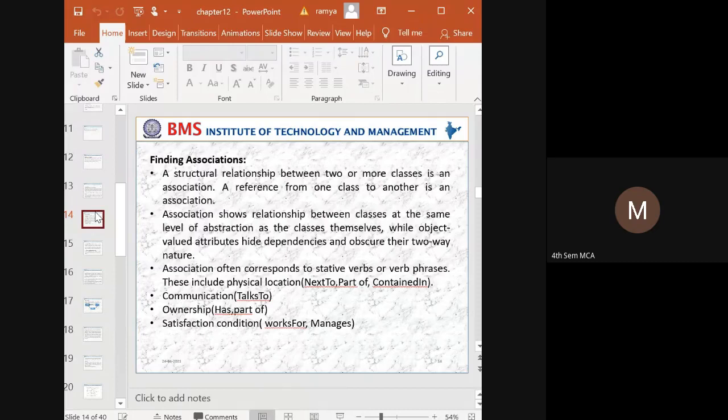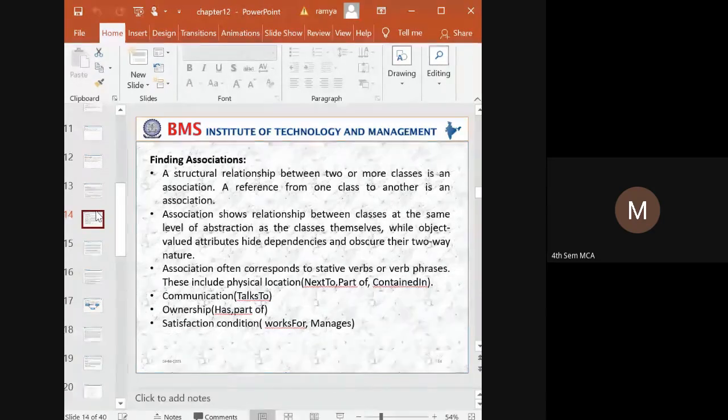Next is finding the association. We have constructed a class model. We have identified the model elements. Now we need to create a relationship among the classes. How do we create a relationship among the classes? We need to find an association for which classes are related.